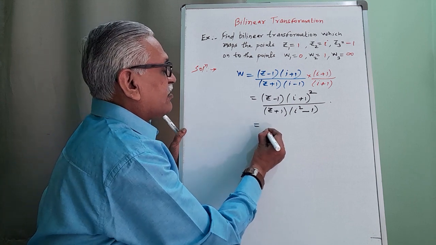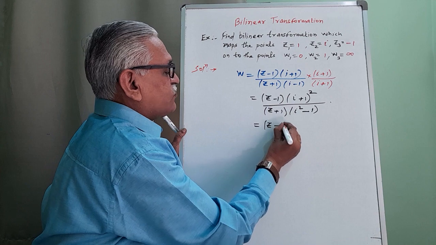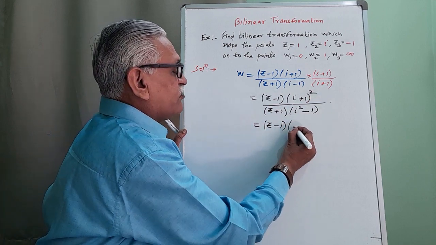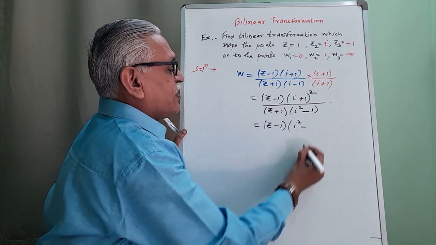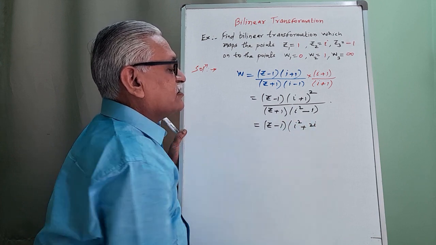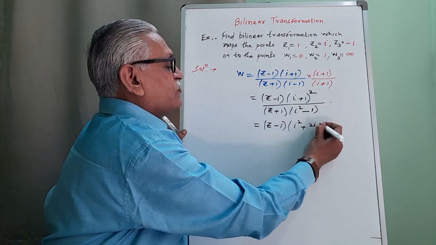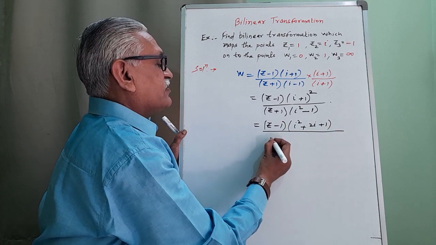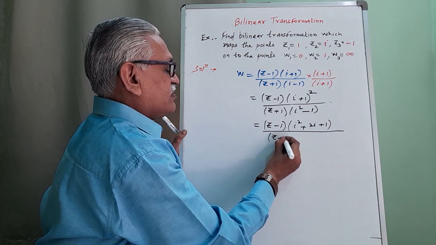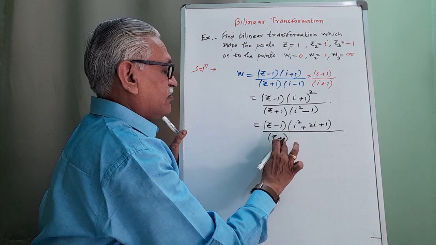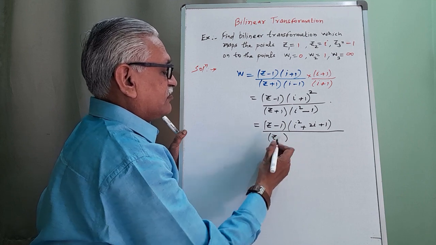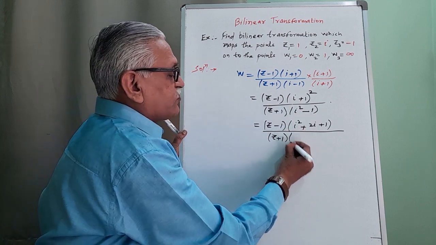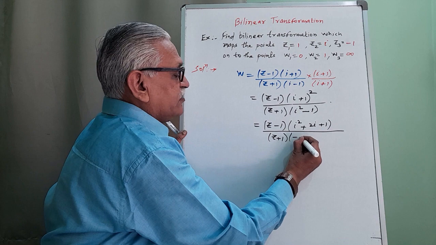We get z minus 1, expanding this by (a plus b) whole square: a square means i square, plus twice ab, 2i, plus b square, 1 square, 1, whole divided by z plus 1, into i square minus 1 and this minus 1, it becomes minus 2.